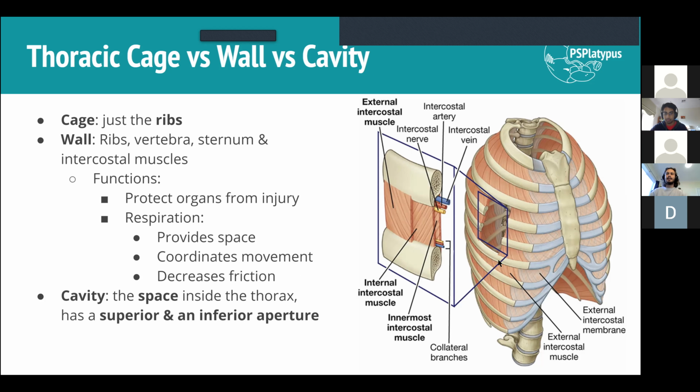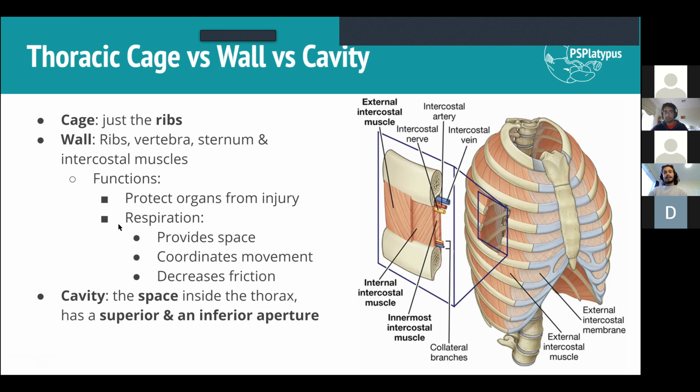It provides a space for the lungs to exist, and it also coordinates the movements of breathing in and that expansion of the chest, and breathing out and that constriction or contraction of the thorax. And it also decreases friction, namely through the pleura, which we'll talk about in a little bit.